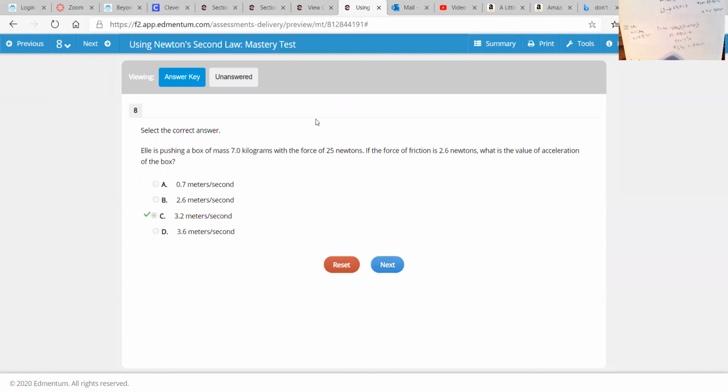You're given the mass, 7 kilograms. Force. L is pushing 25 newtons worth of force. But you also have friction here, 2.6 newtons. And then you're looking for A.